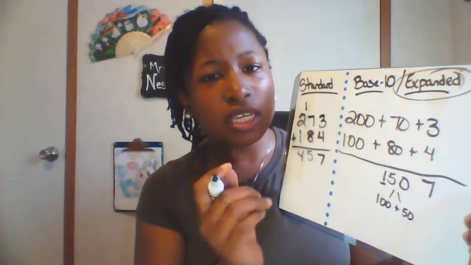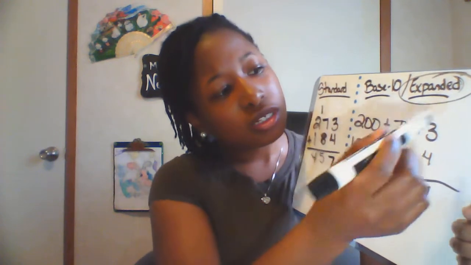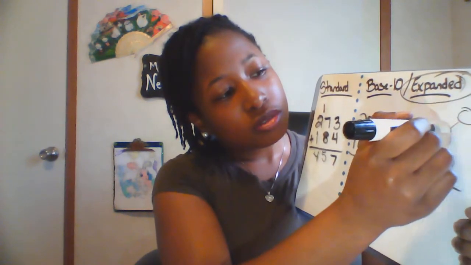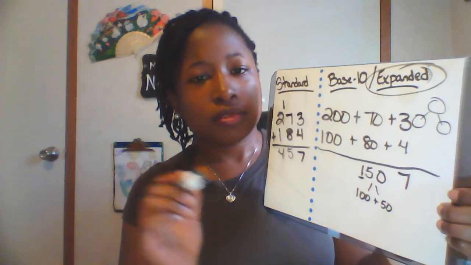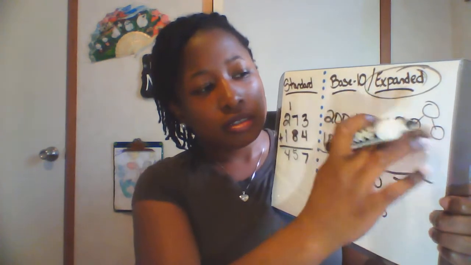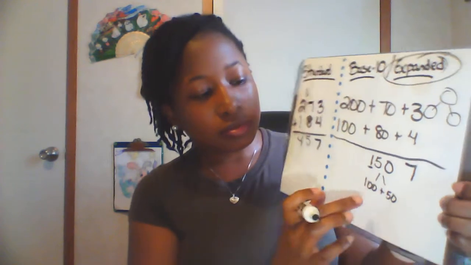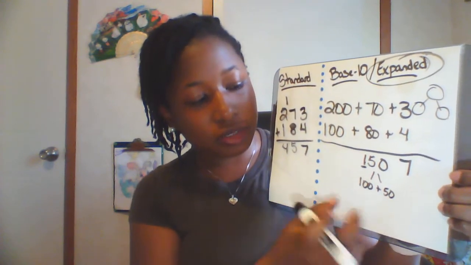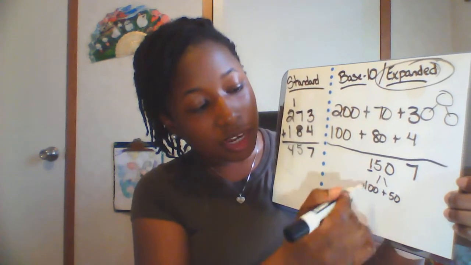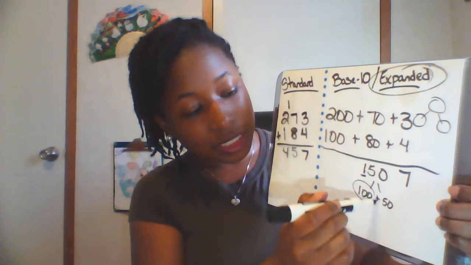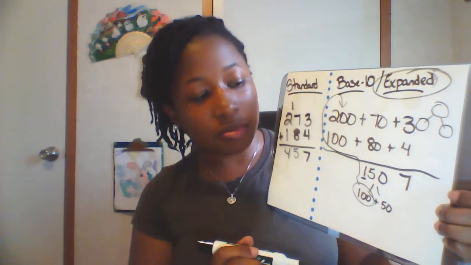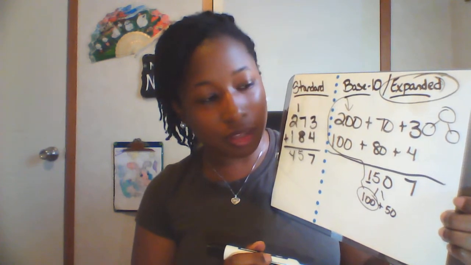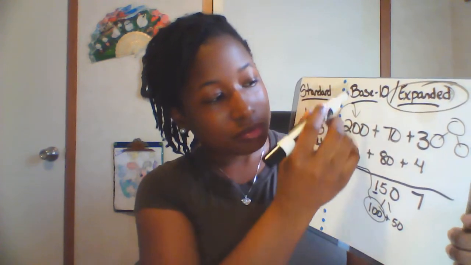So if you've seen in your child's homework, it looks like these little things like that. They're number bonds. You've seen those? That's what they're getting you to do. So now that I've broken it down, I can take this 100 and move it up here because it does not belong in the tens column.